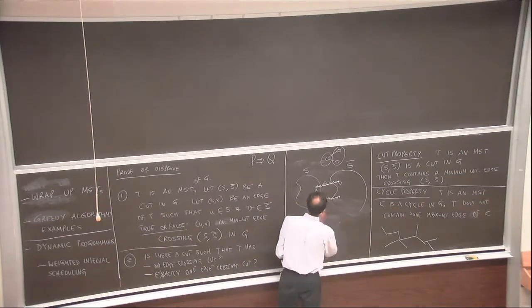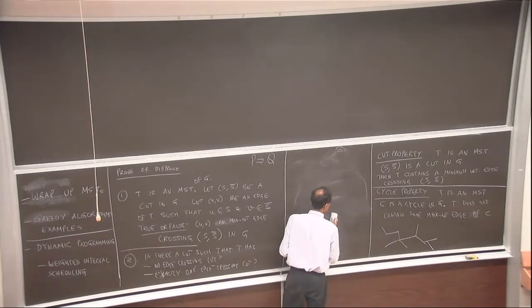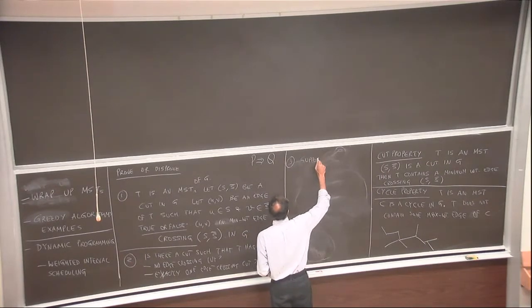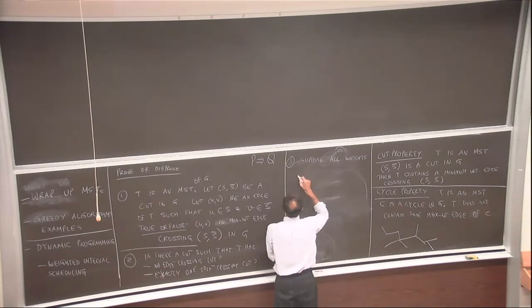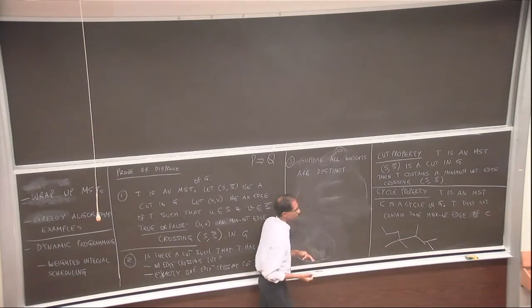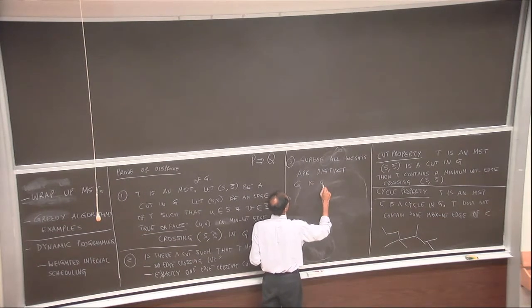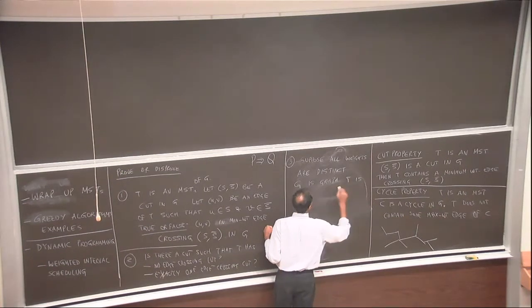Suppose all weights are distinct. Let's say G is the given graph. T is an MST.